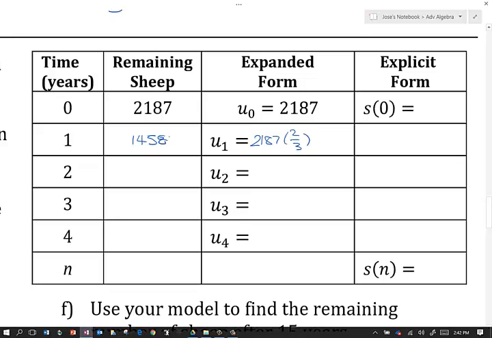A year later, we're going to have to multiply the 2,187 times 2/3 and then times 2/3 of that again. So if we do that with the calculator, it's going to be down to only 972 sheep. And 3 years after he started, it's going to be 2,187 multiplied by 2/3. How many times? 3 times now.